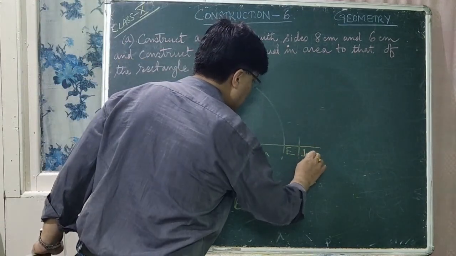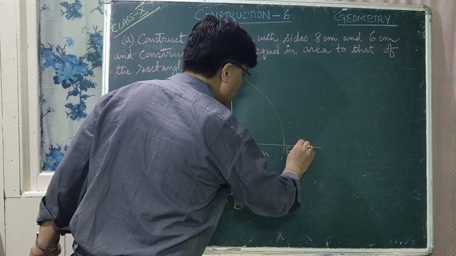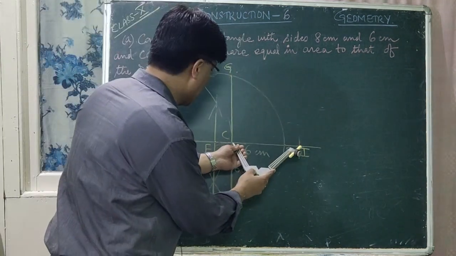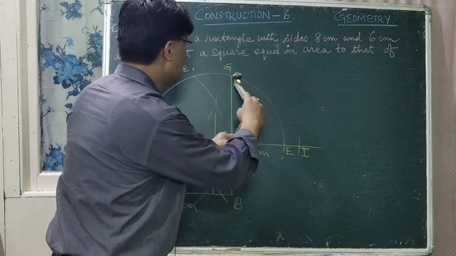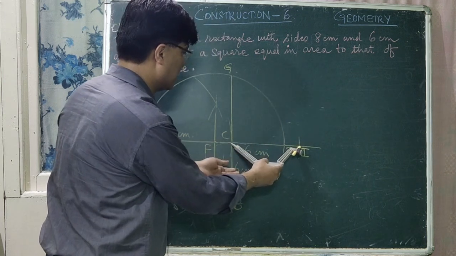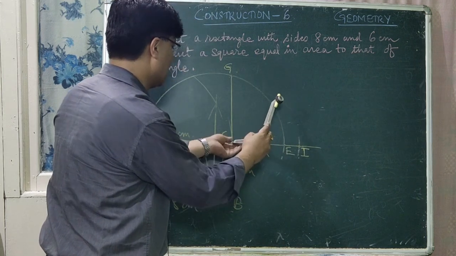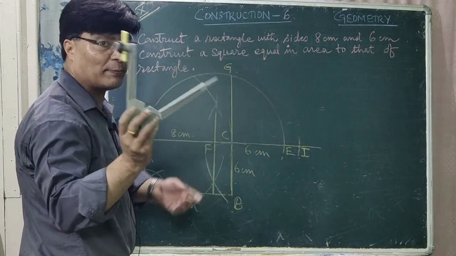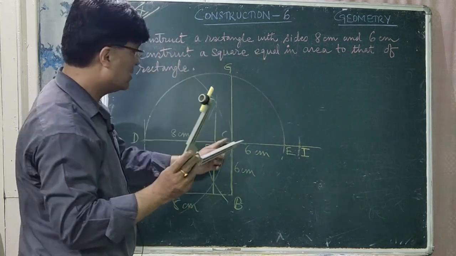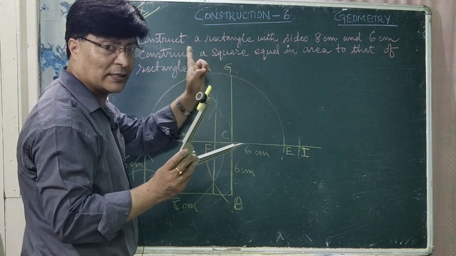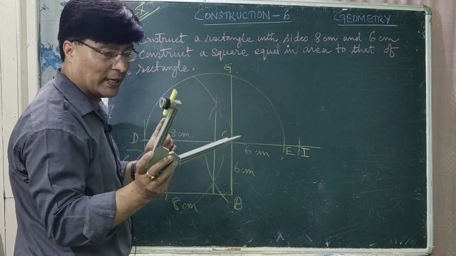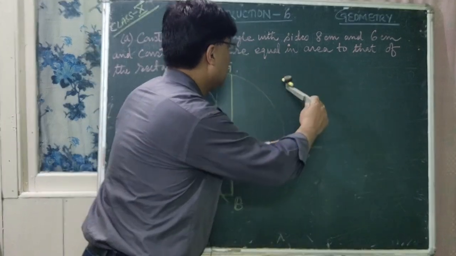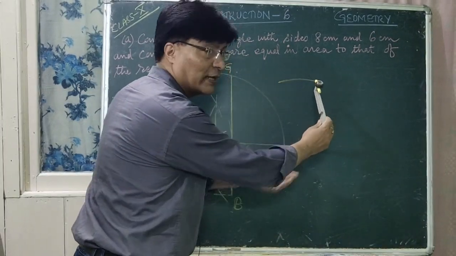Suppose this point is I, and this CI is equal to CZ because we have measured this length. Don't change this compass, because this is of length CZ, the length of the side of a square. Keep the point needle at this point I and draw an arc out here.